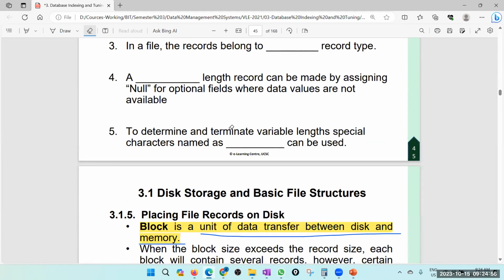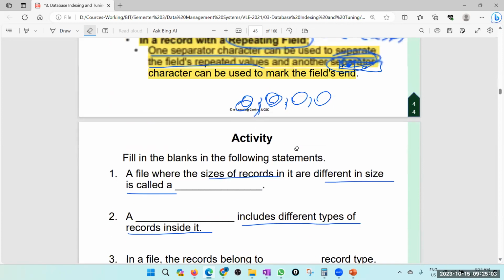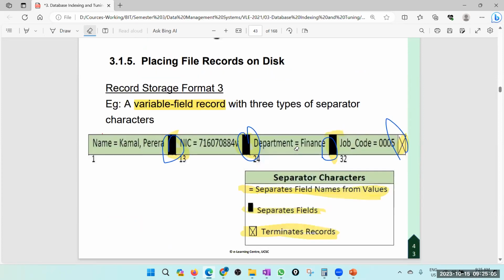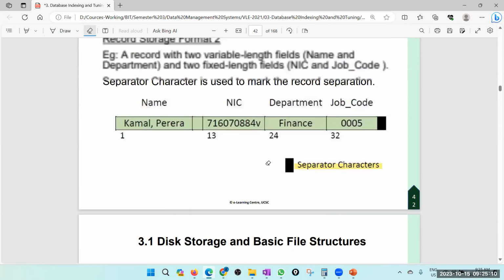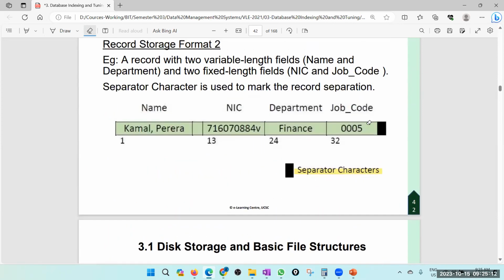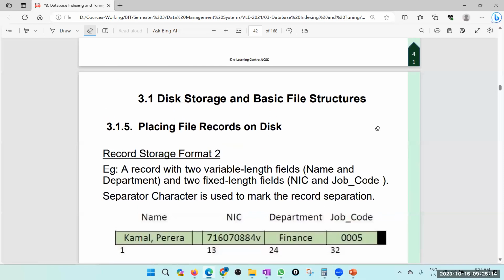To determine the end of variable length fields, special characters can be used. We call it a marker character, right? Terminator character. So we can call it the separator character. There are different names people use.